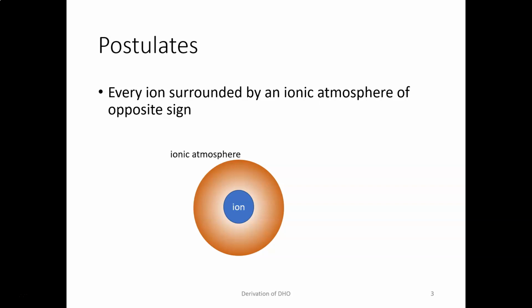So surrounding a particular ion there can be ions of both the same and opposite charge, but on time average the number of oppositely charged ions will be more due to the inter-ionic attractive force between oppositely charged ions.